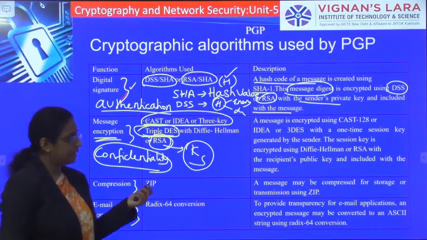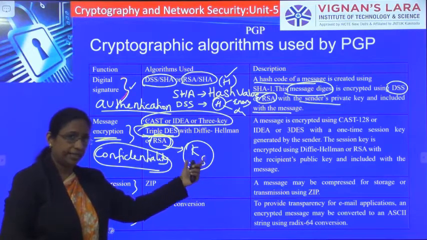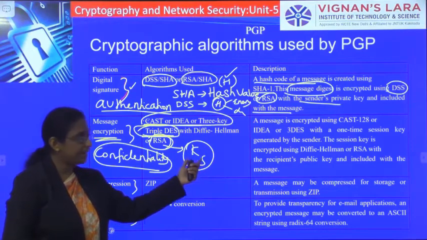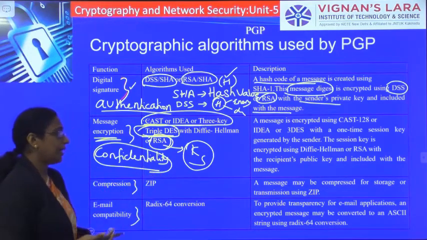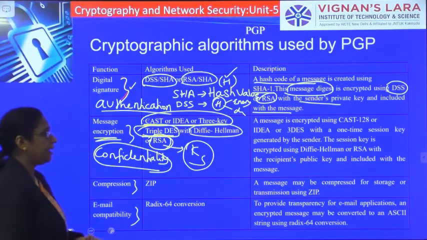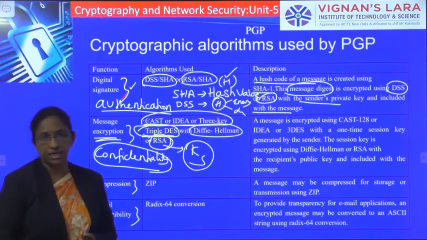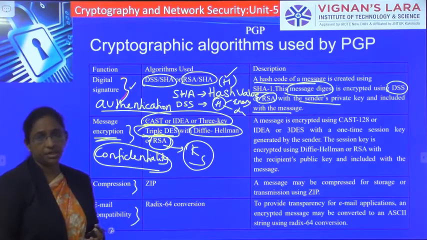RSA algorithm is used for encrypting the session key at the sender side and decrypting it with the private key at the receiver side. Or he can use Diffie-Hellman also. Diffie-Hellman is a key exchange algorithm.